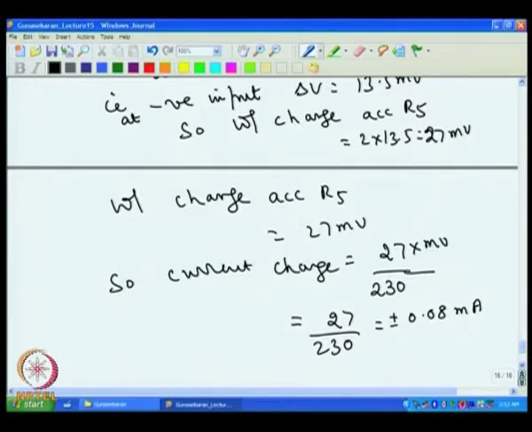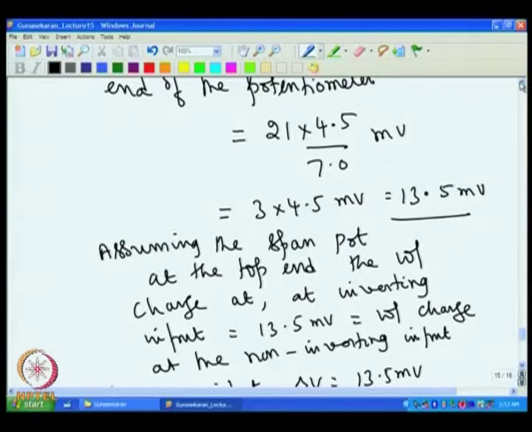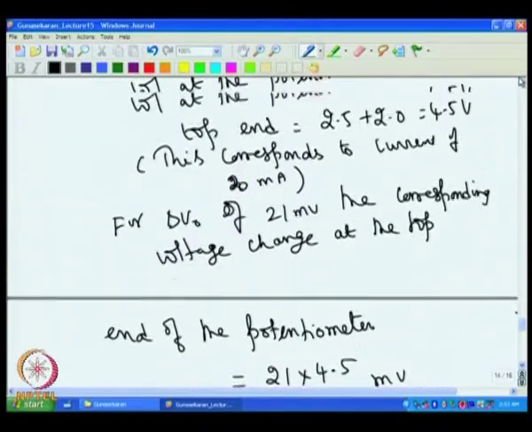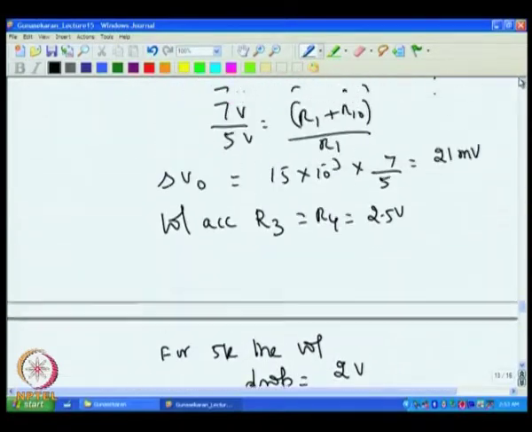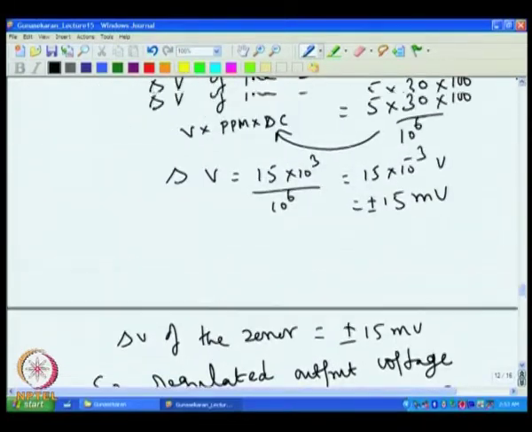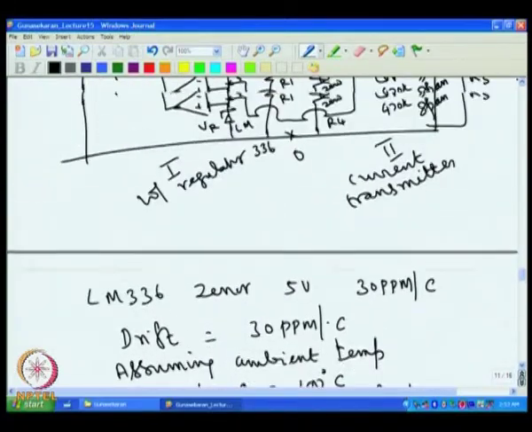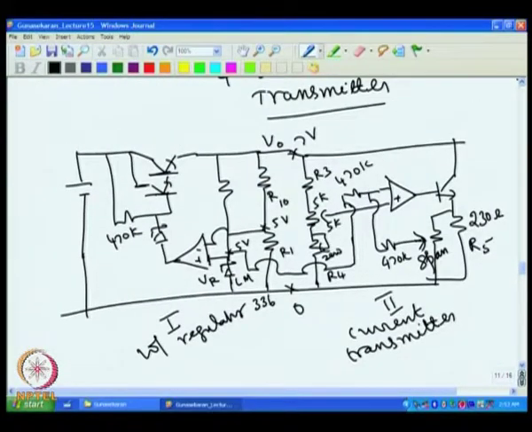Similarly, we can calculate the error due to the change in resistance, because we are using a voltage regulator. If these two resistors change with temperature, then our output voltage will change.